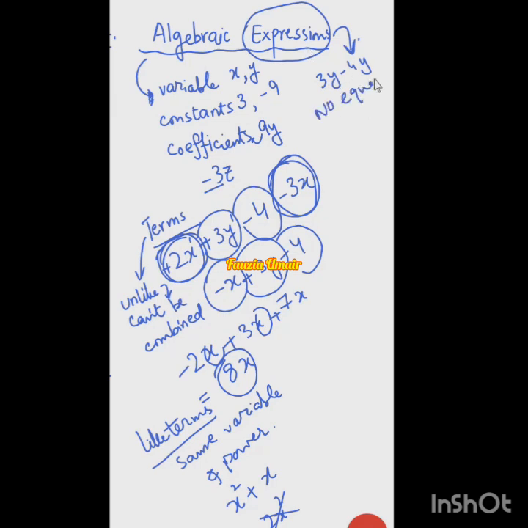In maths, every operation or concept has a reverse concept. So an expression is basically the opposite of an equation. In an equation, we have an equal sign. In an expression, we do not have an equal sign.